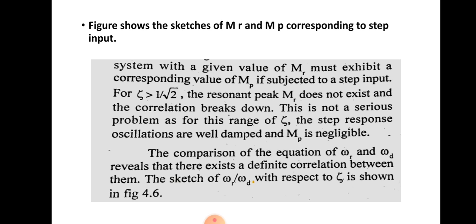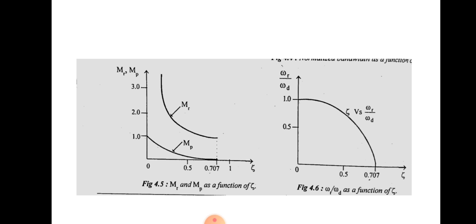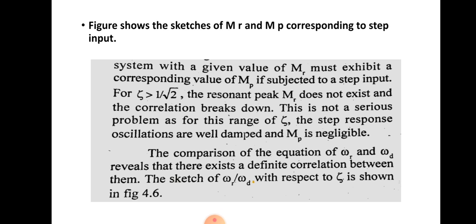For epsilon greater than 1 by root 2, the resonant peak M_R does not exist and the correlation breaks down. Above 0.707 there is no value of M_R, so there is no correlation between M_P and M_R.